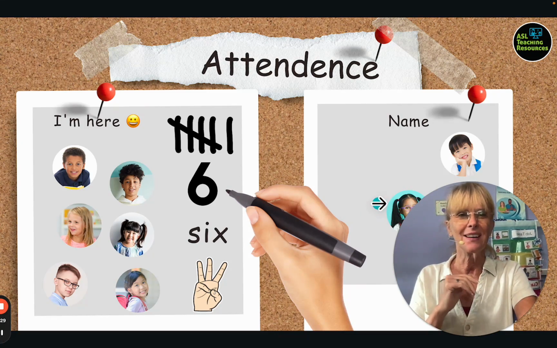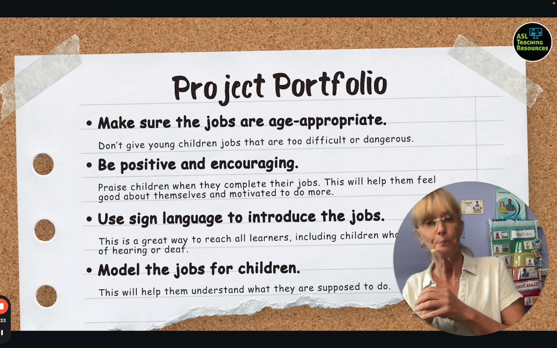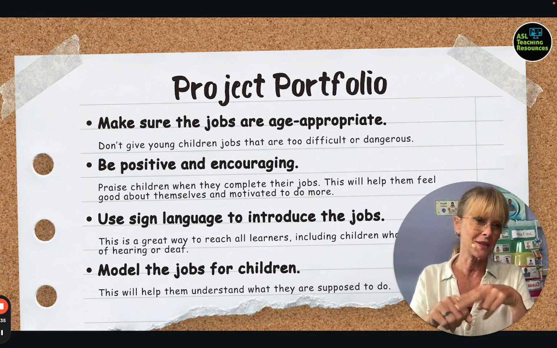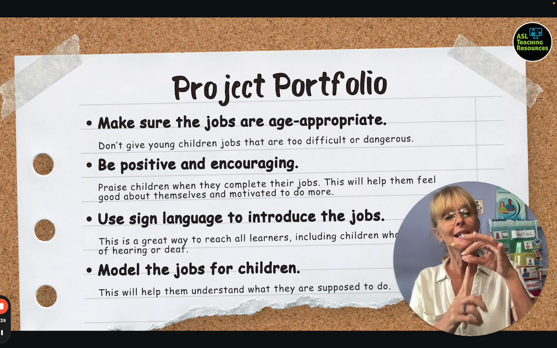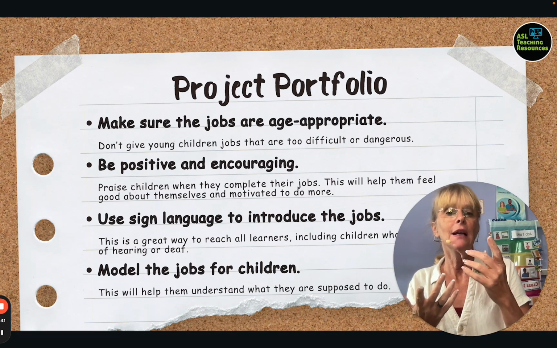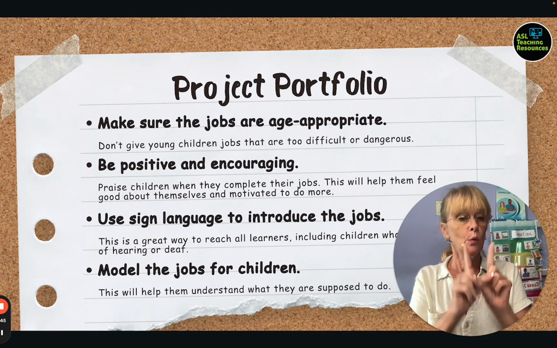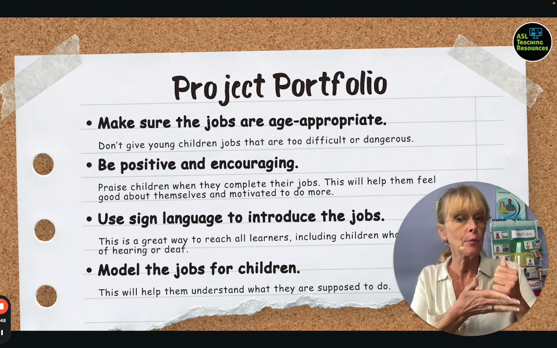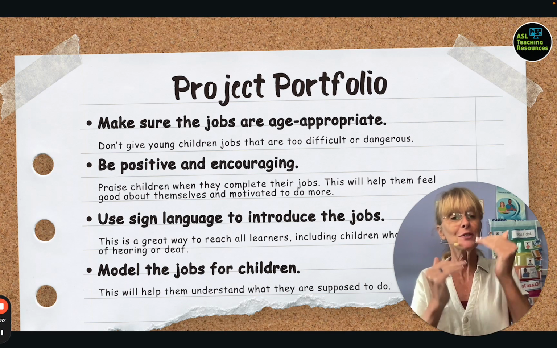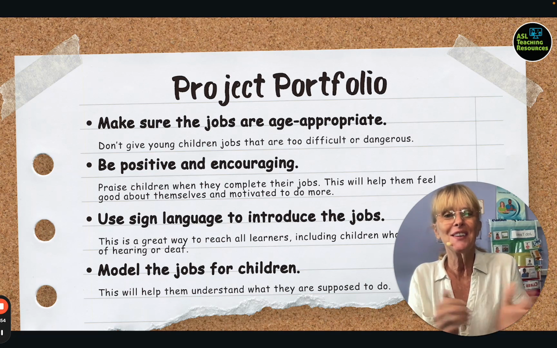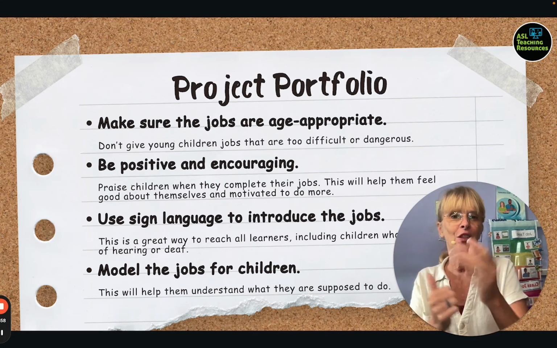Okay, let's move on. I love this idea. So here are some more tips for you. This is, of course, making sure they are age appropriate. Also, for special needs kids, making sure they match. You might want to pair them with another kid that can help them, and that way they are feeling proud of themselves for working, which goes to the next point of being encouraging. Praise them. Let the kids start praising each other as well.